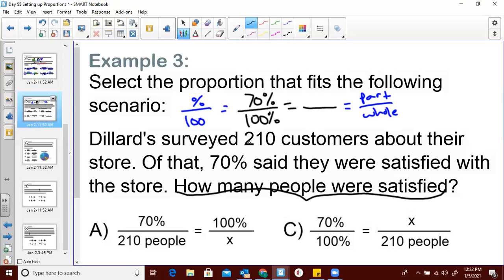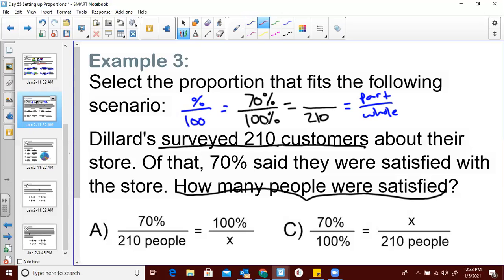So that means out of 210 customers, we want to know how many of these people were satisfied. It tells us that 70% of them were satisfied. But we want to know how many people were satisfied. How many is that 70% out of 210? So my 210 is going to be my whole, because that's everybody that got surveyed. Dillard surveyed 210 customers. 70% were satisfied. How many people were satisfied?